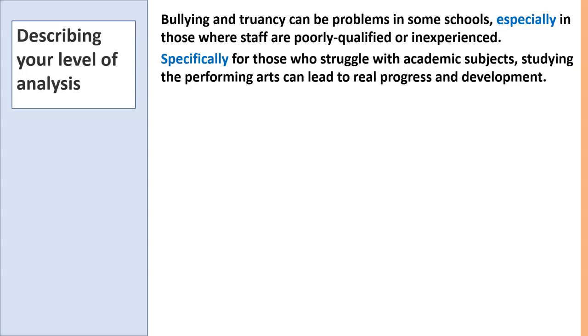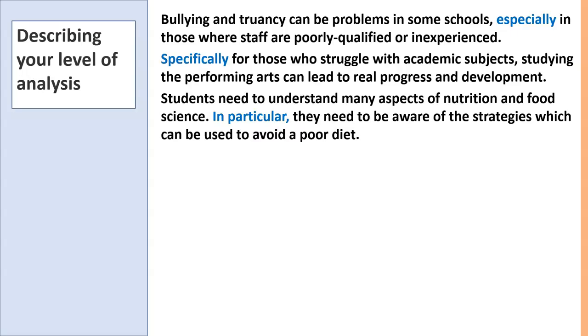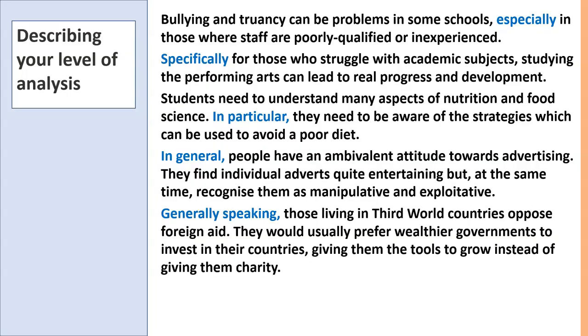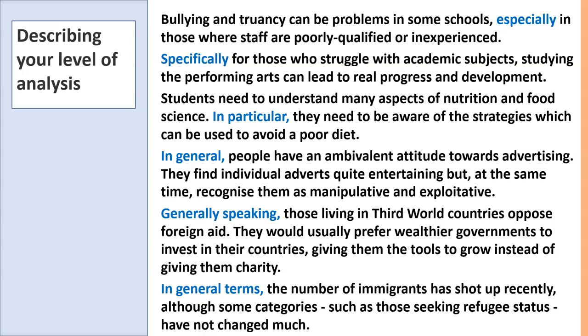We're not talking about everybody. We can use in particular in a similar way to focus on a particular group. And we can also use in general and generally speaking when we're not focusing on a particular group. Our analysis is general. It implies everybody. In general terms works in a similar way.